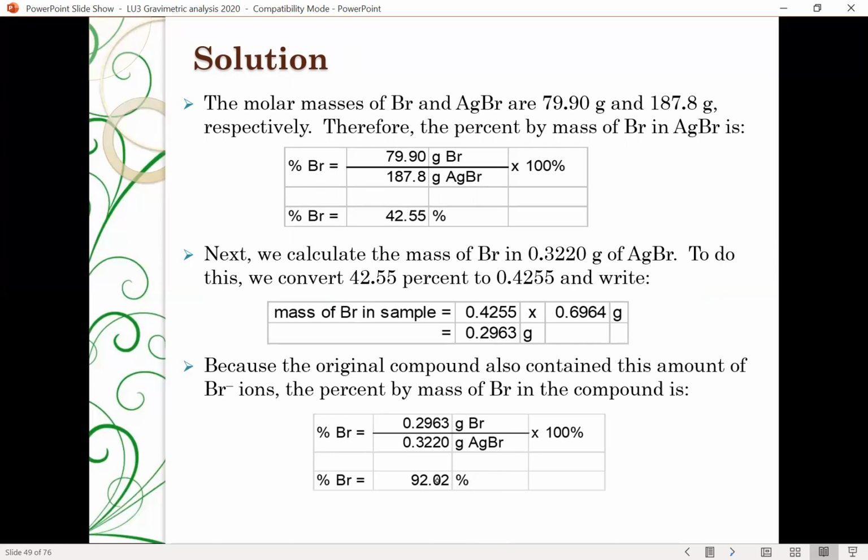So remember, when you want to calculate the percentage of your analyte in your sample, you have to divide the mass of your analyte by the mass of your sample, not your precipitate.